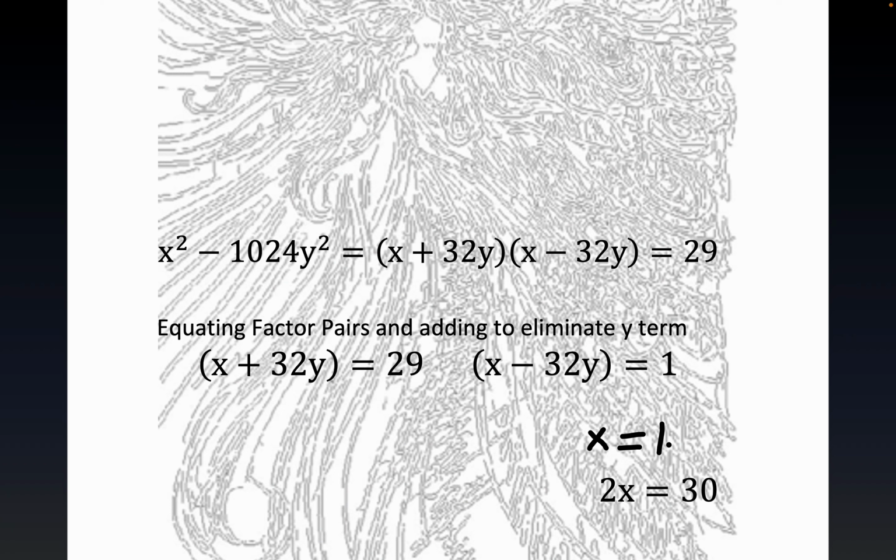Now, the instructions led on that we're looking for a rational solution, so let's see if y turns out to be rational. Right here, if x equals 15 in this very first equation, you could put it in either place. But notice right here, if you put a 15 right here and subtract it from 29, you get 32y equals 14.